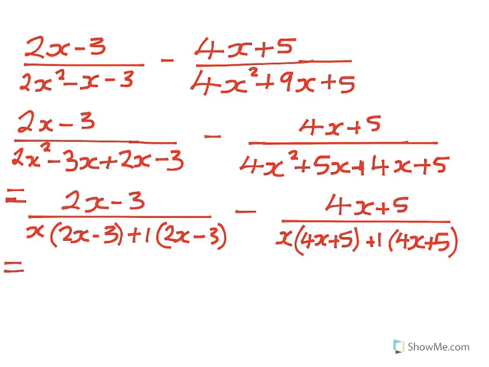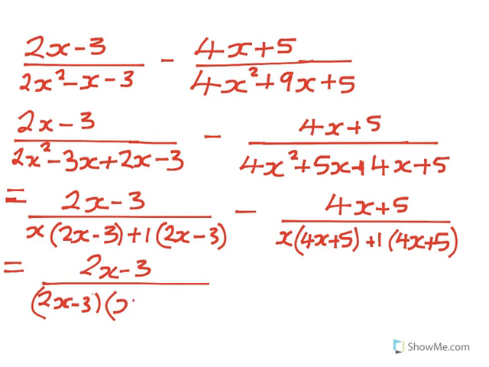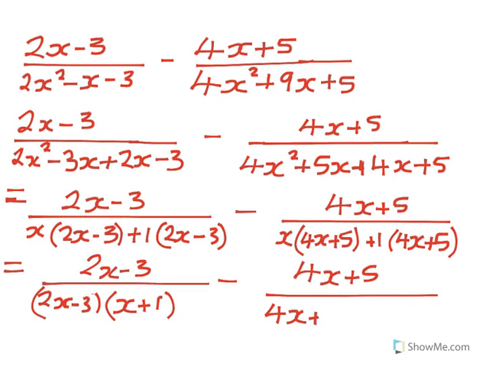If you simplify further, you will see you've got 2x − 3 over 2x − 3, which is common in both brackets, and outside the bracket is x + 1. Remember again, this is simple factorization. Then 4x + 5 over, again inside the brackets is 4x + 5, which is common, and outside the bracket is x + 1.